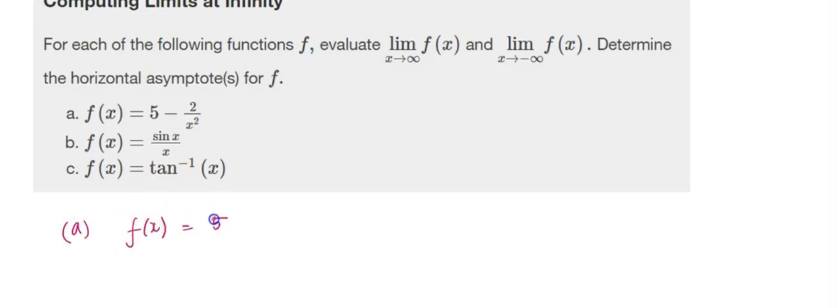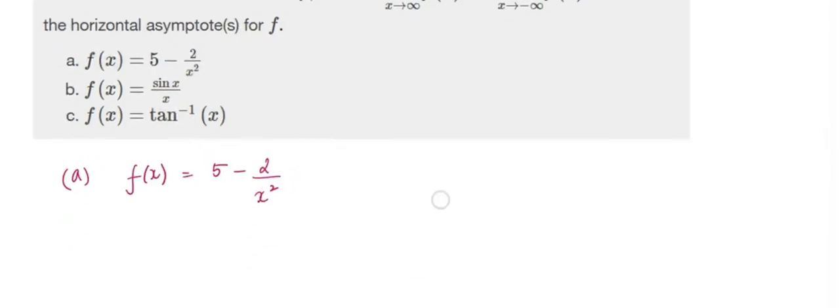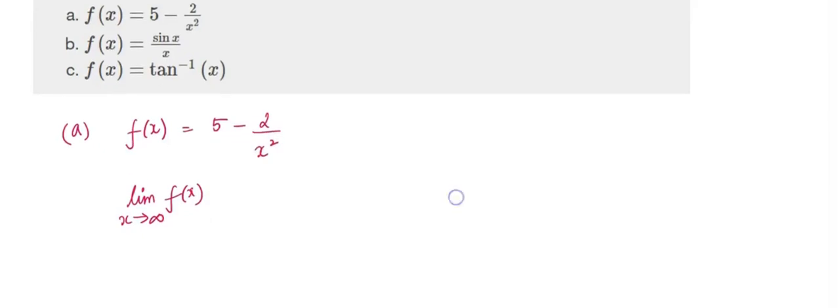f of x equals 5 minus 2 over x squared. They want us to find the limit of f of x as x approaches infinity. Well, we have to discuss both infinity and negative infinity. Let's start with positive infinity.